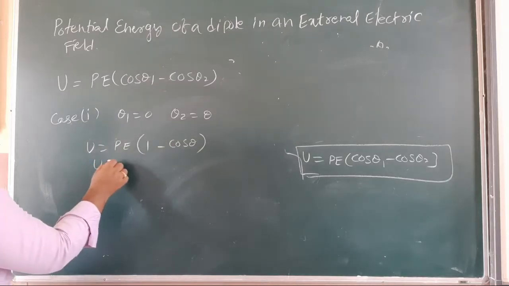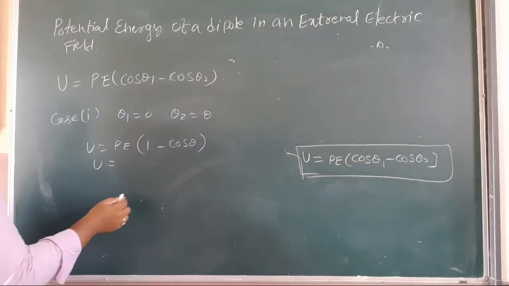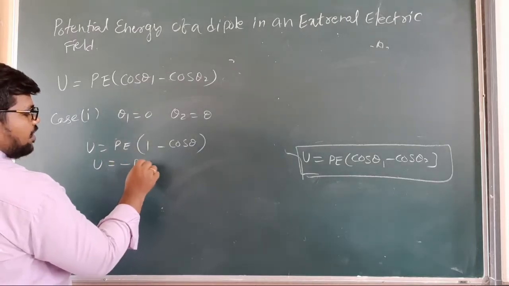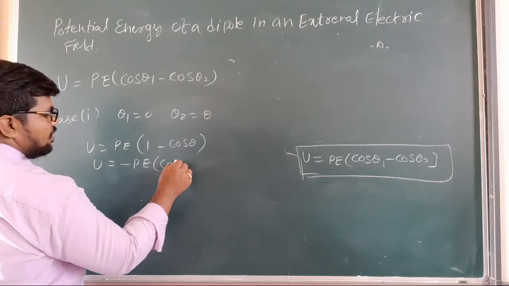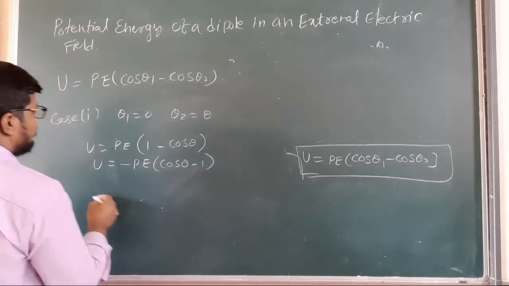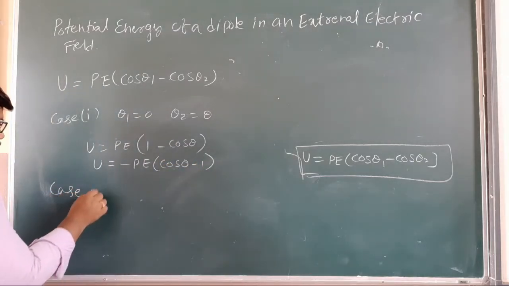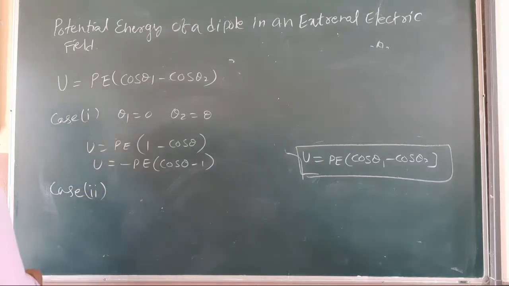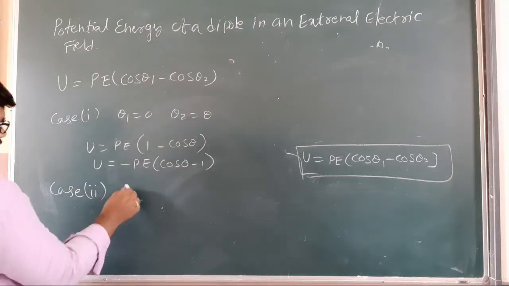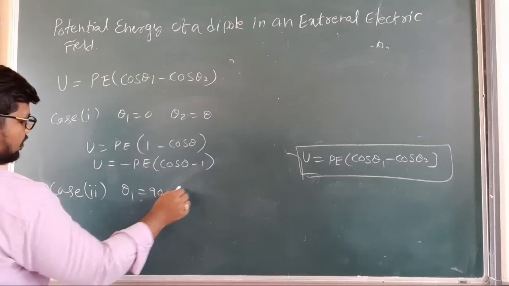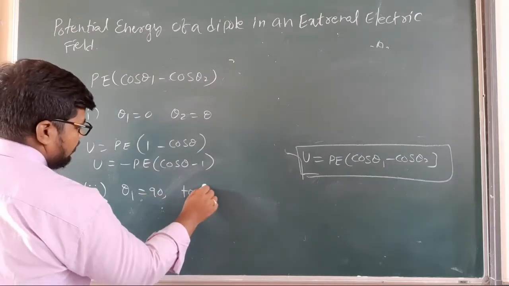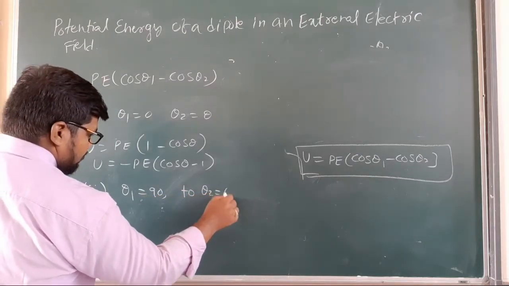Next, we can write U is equal to minus PE cos theta, taking out the 1 minus 1. In the case of case 2, we take theta 1 is 90 degrees and theta 2 is equal to theta.